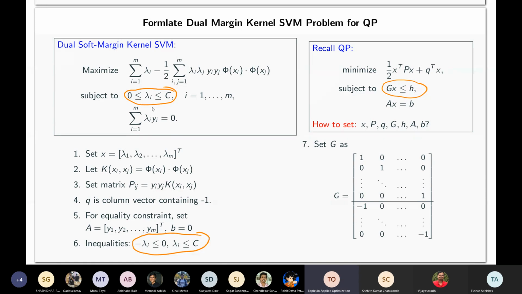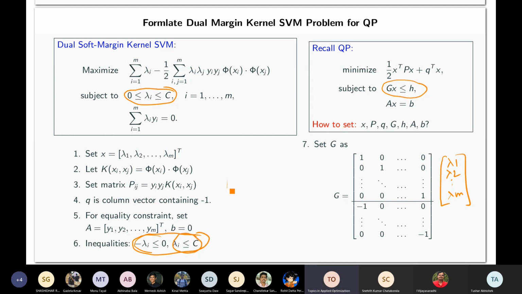If I multiply G with lambda 1, lambda 2, up to lambda m, you will get the inequality.